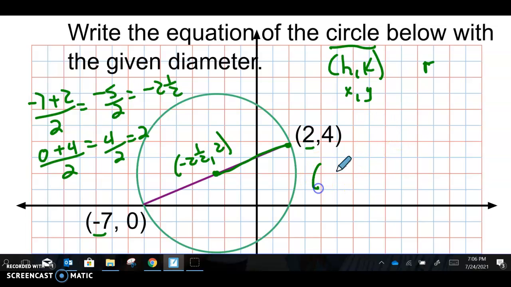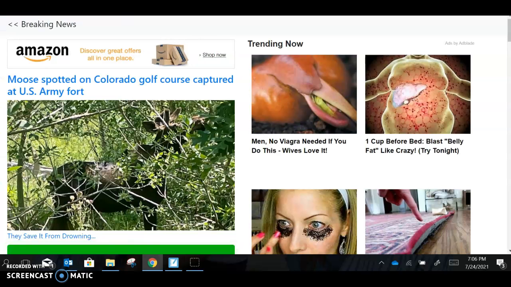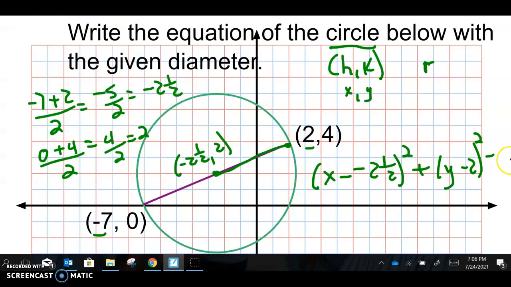So far my equation is (x minus negative 2.5) squared plus (y minus 2) squared equals, I don't know what that equals. It equals whatever the radius is.